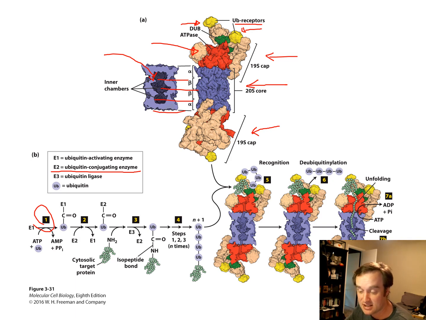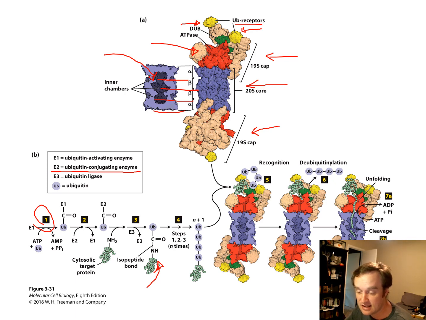Ubiquitin ligase E3 transfers the E2 bound ubiquitin molecule to the side chain of a lysine residue in a targeted protein. So this E3 adds the ubiquitin as a tag onto the protein that is to be targeted.